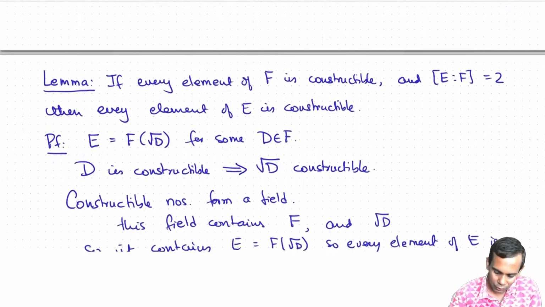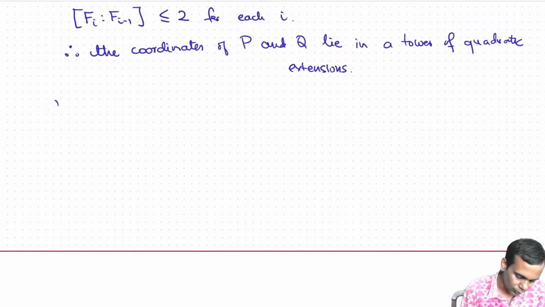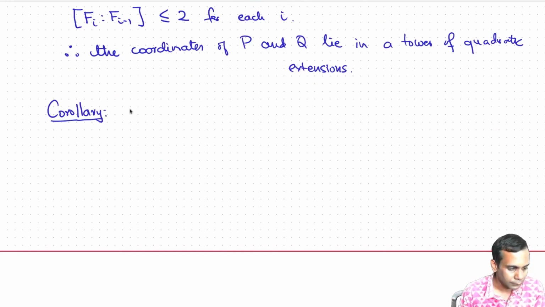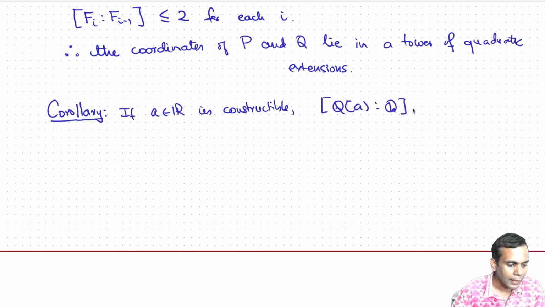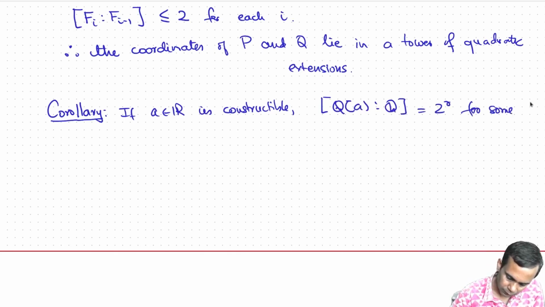Okay, a very interesting corollary of this is the following. If a number A is constructible, then you look at the degree of the extension Q(A) over Q. This has to be a power of 2, some non-negative integer r. In particular, A is algebraic, of course.